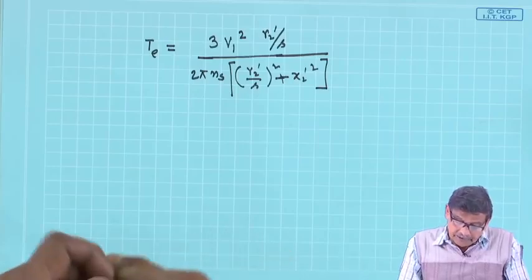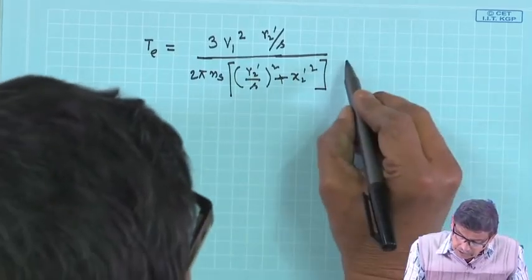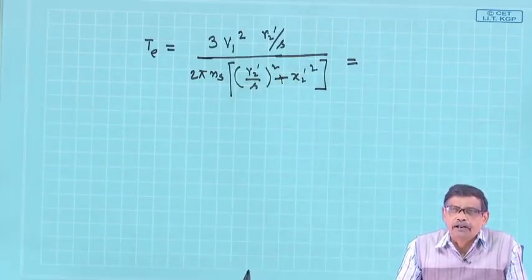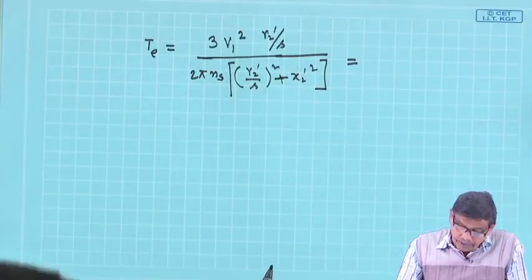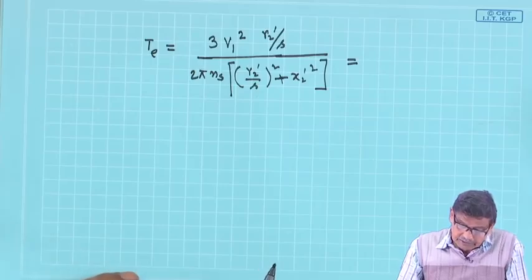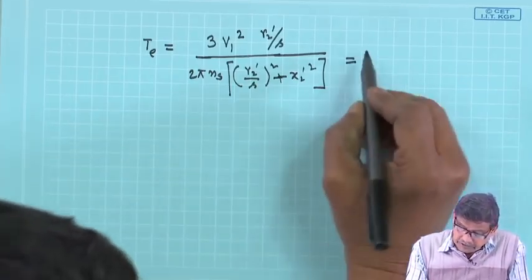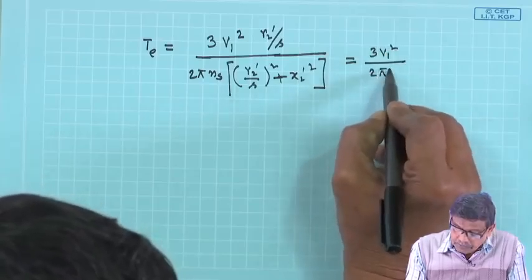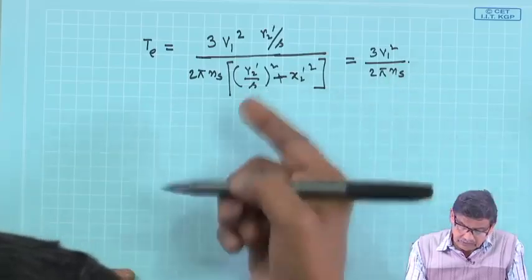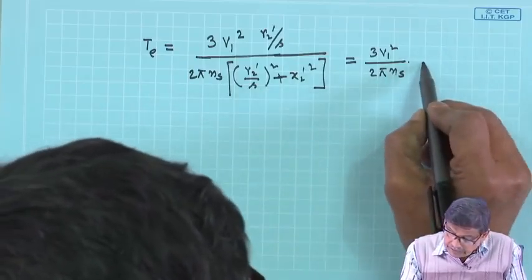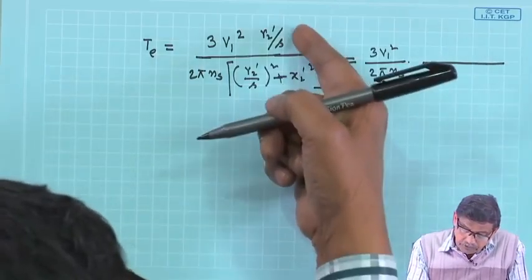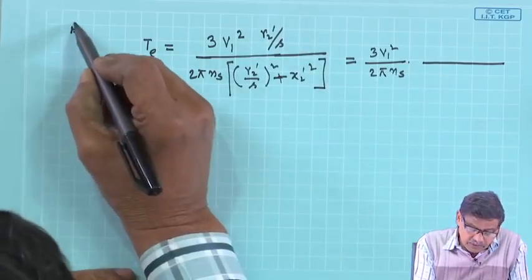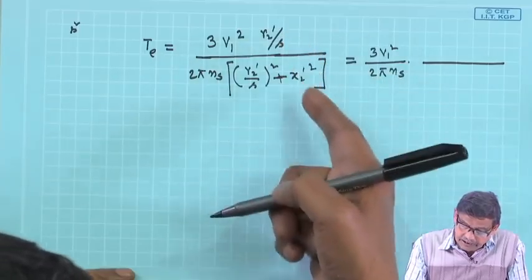Okay. Now we do a little bit of simplification, so that we can have a very nice formula to remember. This 3 V1 squared by 2 pi ns is sort of constant, and then I will multiply both numerator and denominator by S squared.